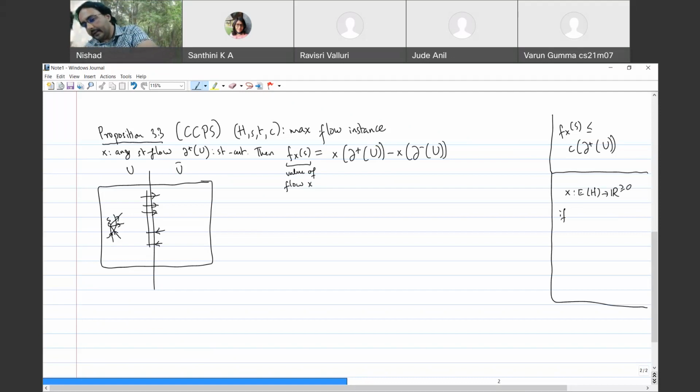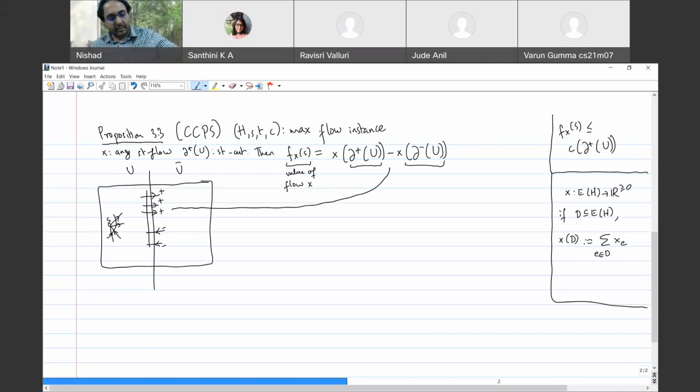And if D is any subset of the edge set or the arc set, then by x(D), what we mean is the sum of all the arcs and their x values. Okay, and that is the notation I'm using here. Notice that this is a set of arcs which are all of these arcs. So we are adding up all of these, and this quantity we are subtracting from the total. So we are subtracting all of these. Okay, so that is what this right hand side is referring to.